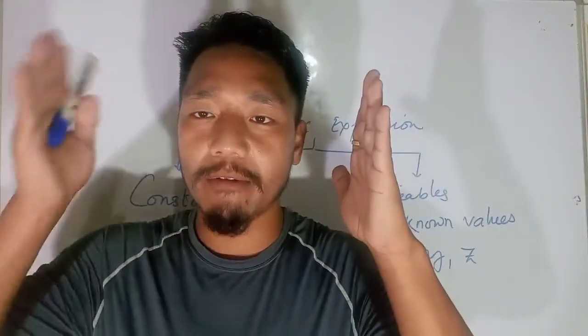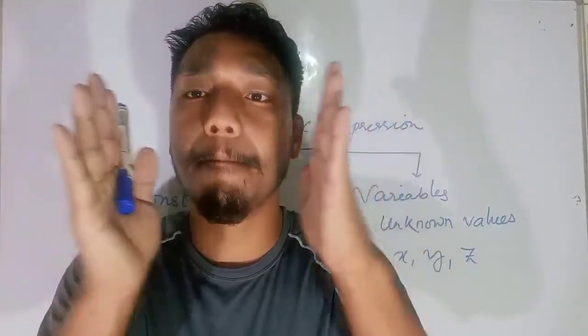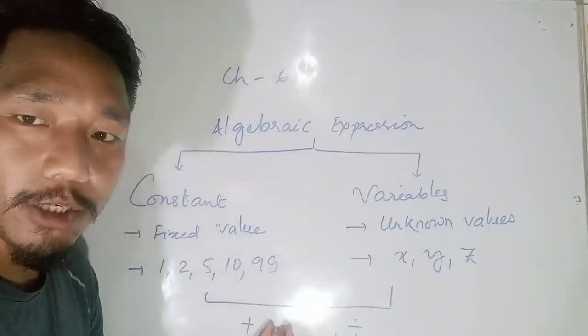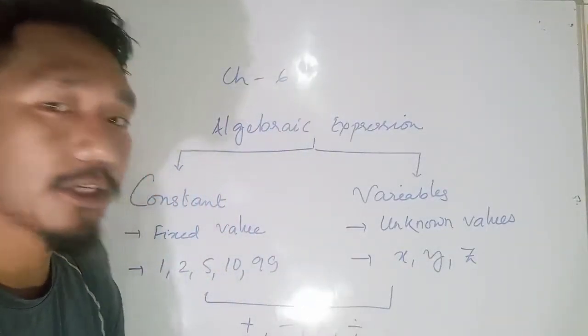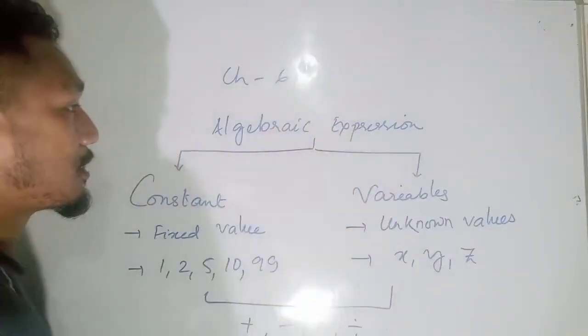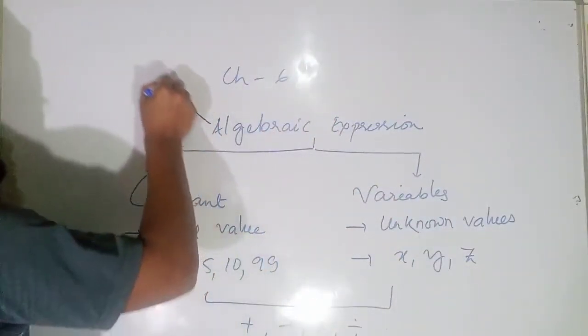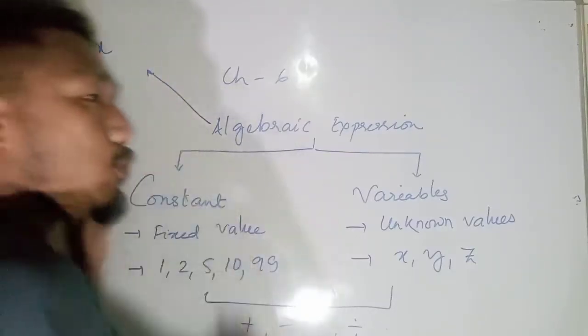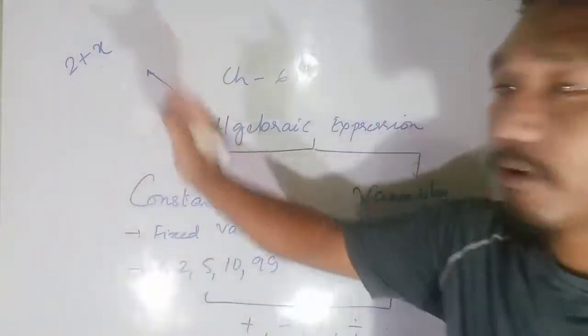If constants and variables are combined by the signs, that is addition, subtraction, multiplication and division, such types of expression are known as algebraic expressions. Let me take an example. You see, 2 plus x. 2 is a constant number, x is a variable.